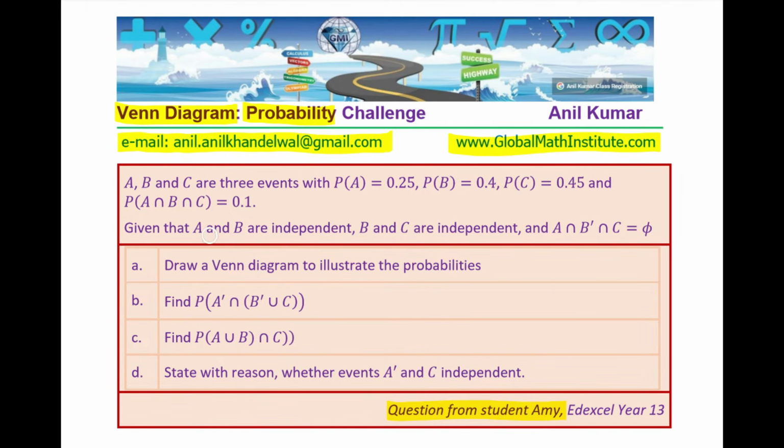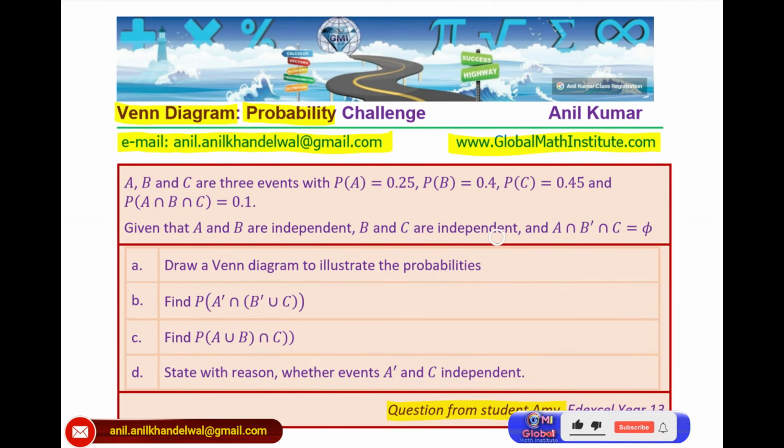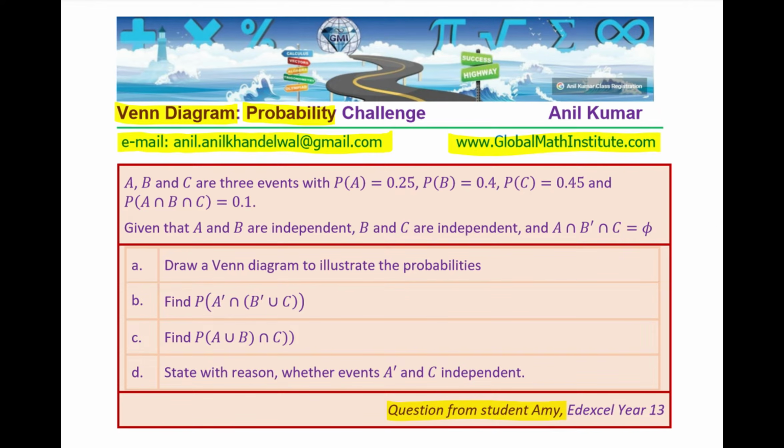Given that A and B are independent, B and C are independent, and A intersection complement of B intersection C is a null set. So these conditions are given to us. You need to draw a Venn diagram to illustrate the probabilities.